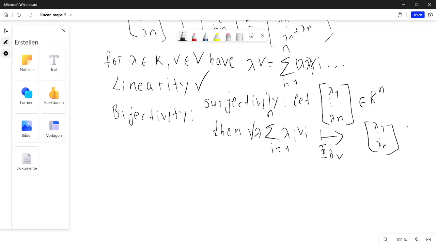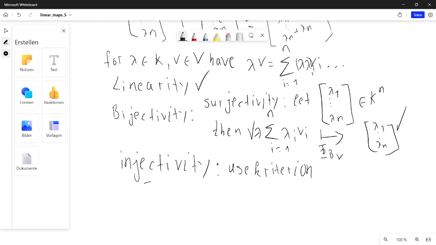Okay, that's surjectivity, and now injectivity. For injectivity, just recall that the coordinates are uniquely determined, that this map assigns the coordinates, or we can use the criterion that was the criterion for injectivity of linear maps that we have shown, right?